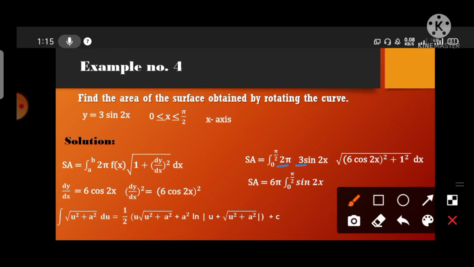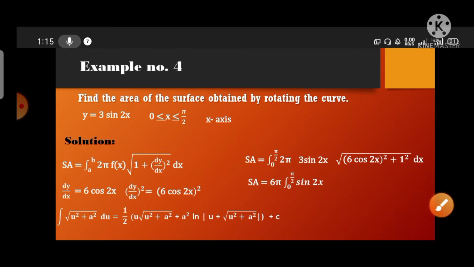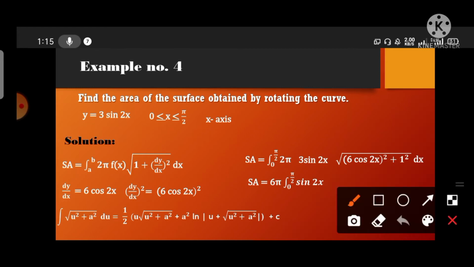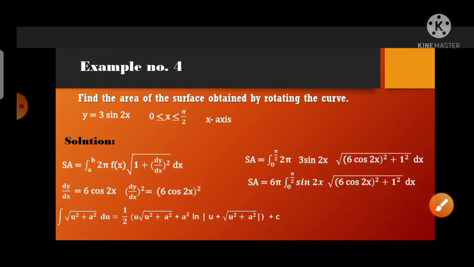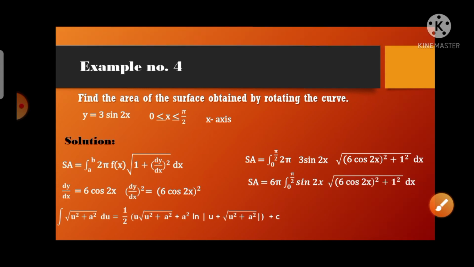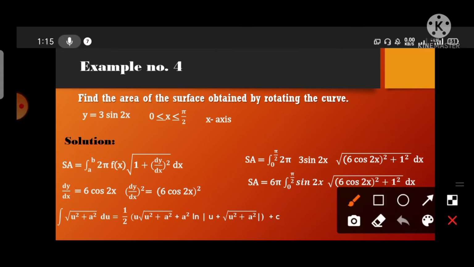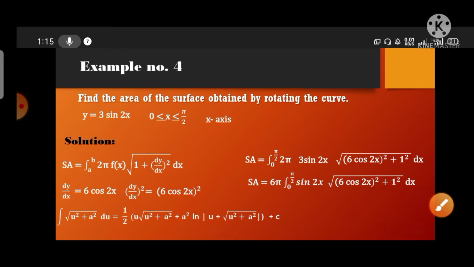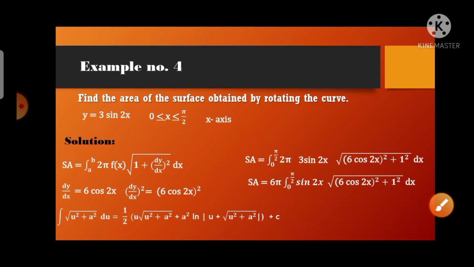2 times 3 is equal to 6. Copy the pi. It is equal to 6 pi times the integral from 0 to pi over 2 of sine 2x times the square root of 6 cos 2x squared plus 1 squared dx.